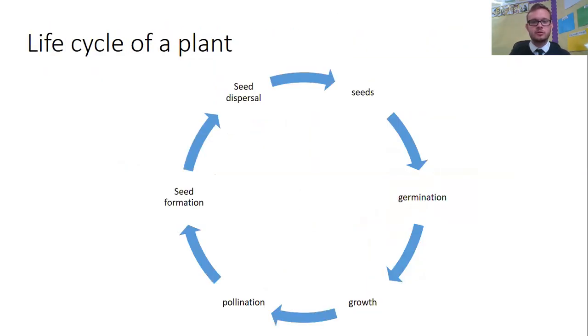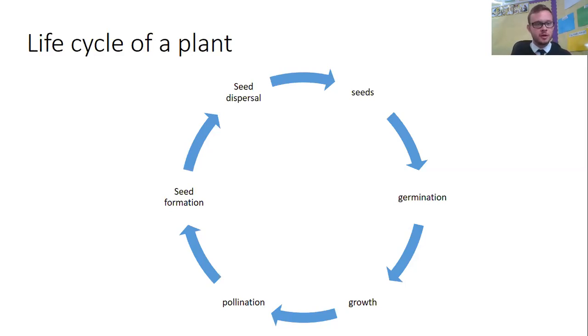Well done, everybody. So just a quick look at the life cycle of a plant then. So we'll start off with the seeds. It starts as a seed. It then experiences something called germination, and that's when the seed is growing. It starts building itself up, goes through growth, and then that seed becomes a plant itself with its own flower.